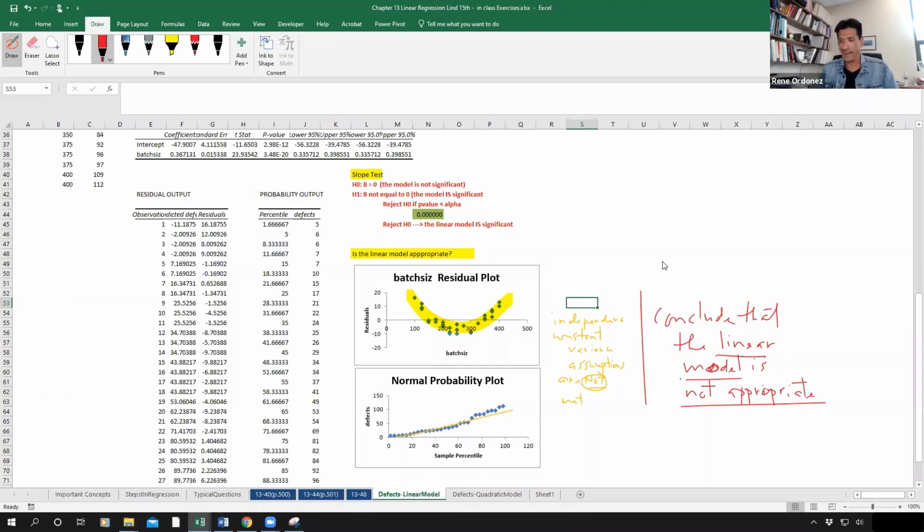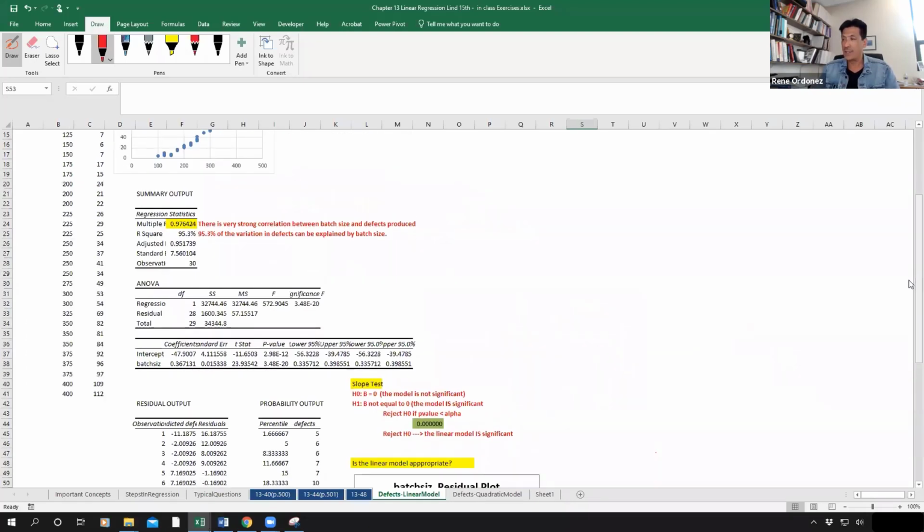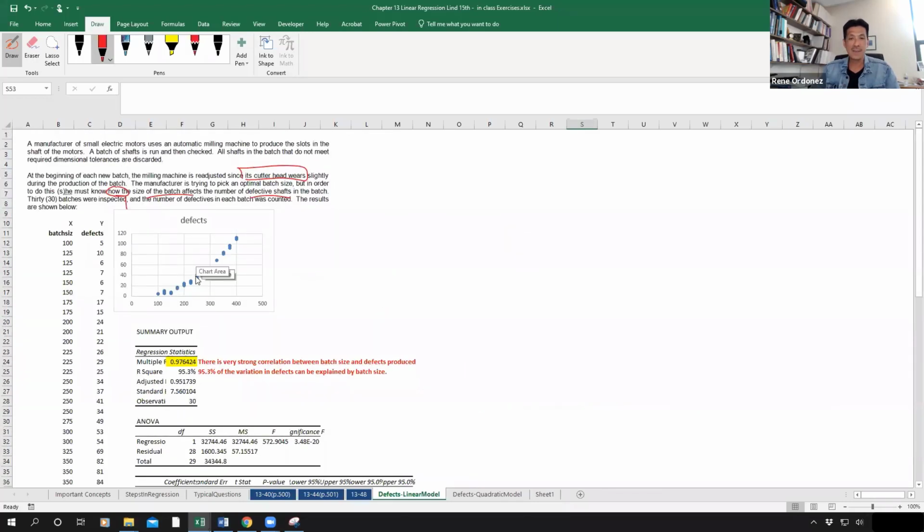And it's quite obvious in the plot here.